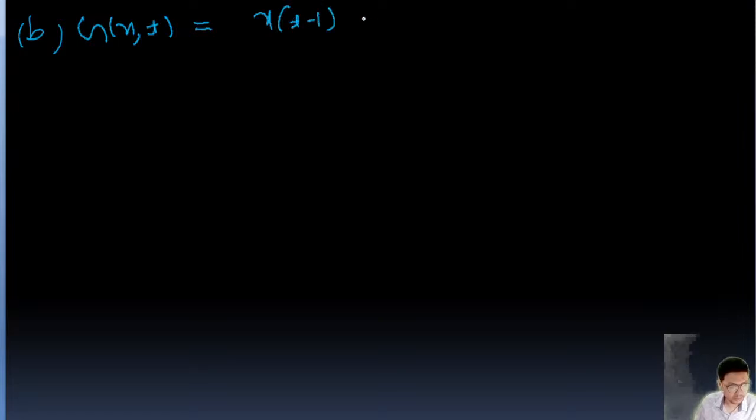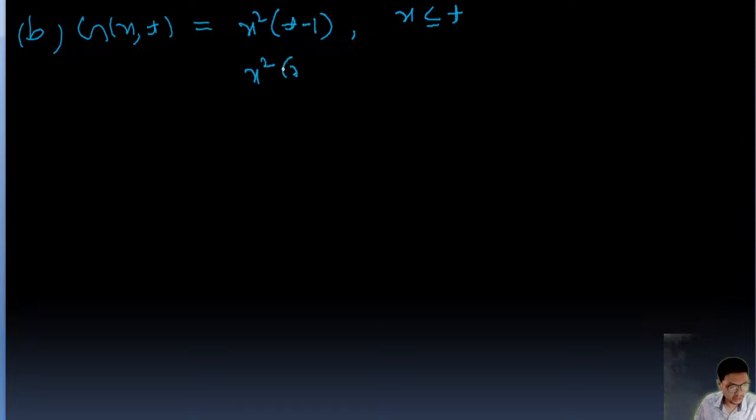Option B is g, which is a function of x, t, equal to x squared... My apology, that's not correct.